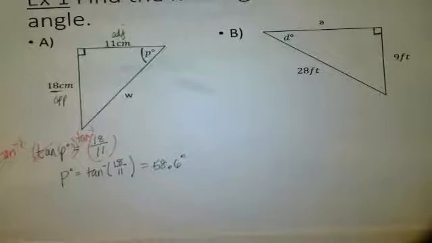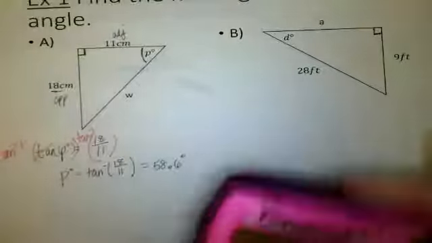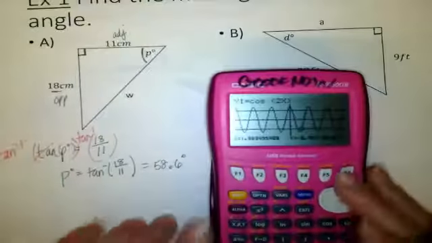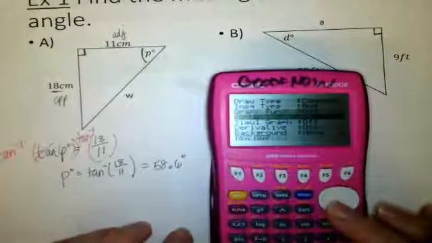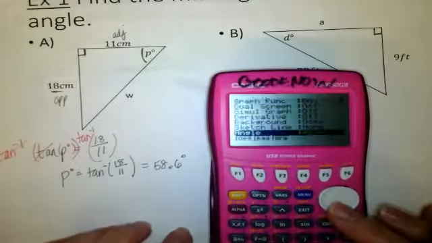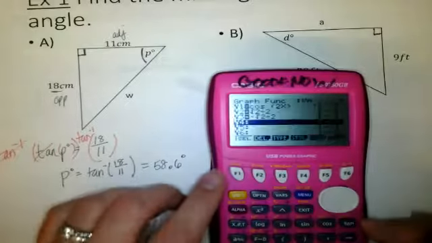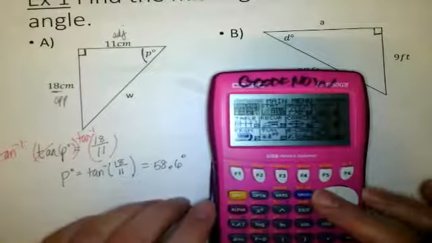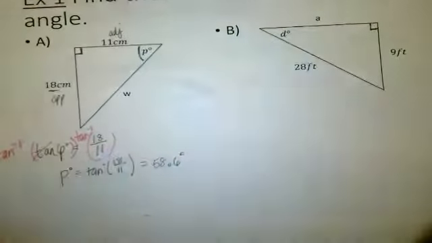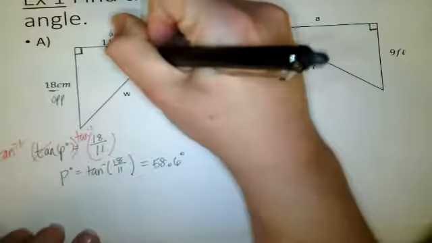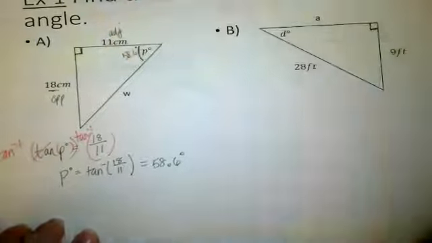You have to go to setup and change from radians to degrees. There we go. Okay, now this is 58.6 degrees, which is kind of nice.